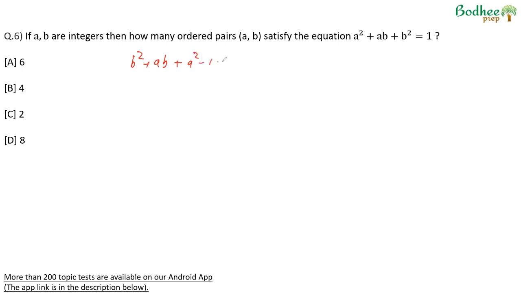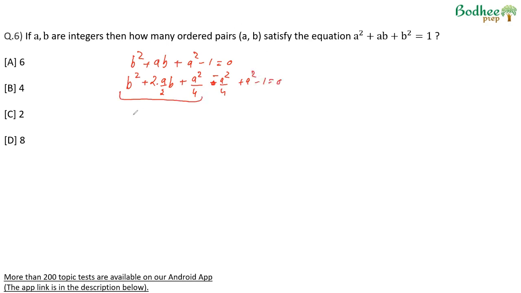We can write this as b squared plus ab plus a squared minus 1. Now this can be written as b squared plus 2 into a by 2 times b. What I'm doing is trying to complete the square in b. Since we have a by 2 here, we write the square of a by 2 and then subtract the square of a by 2, plus a squared minus 1 is equal to 0.